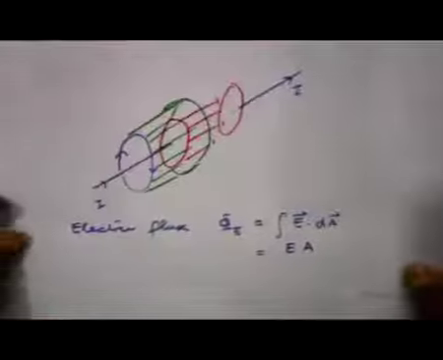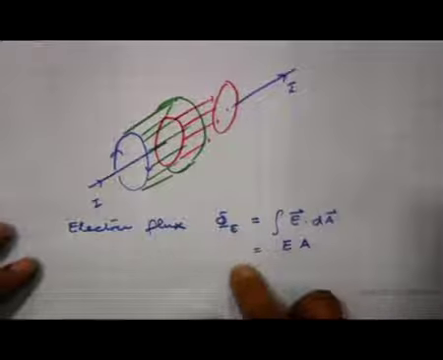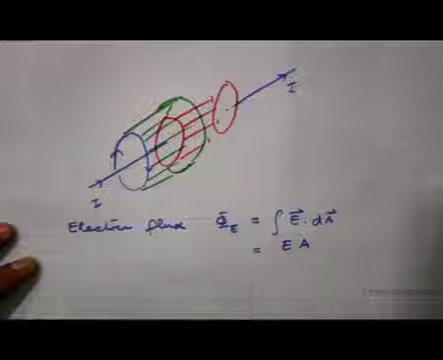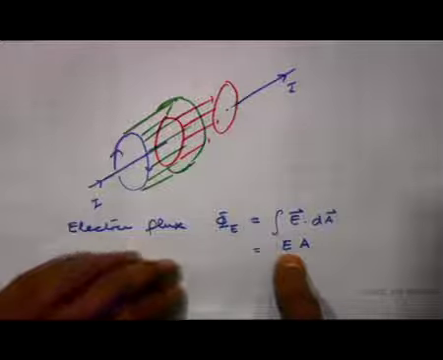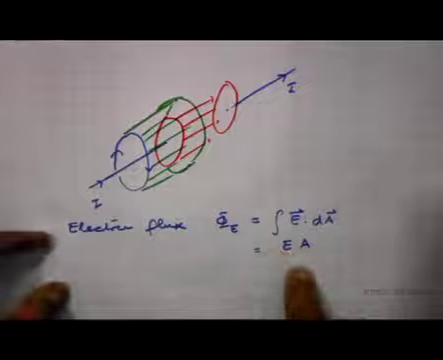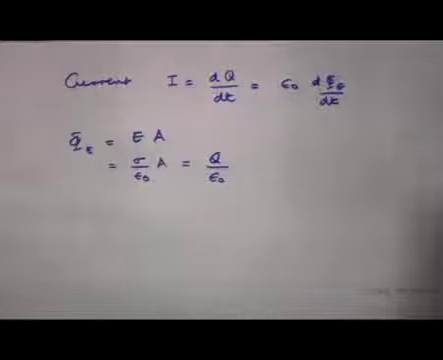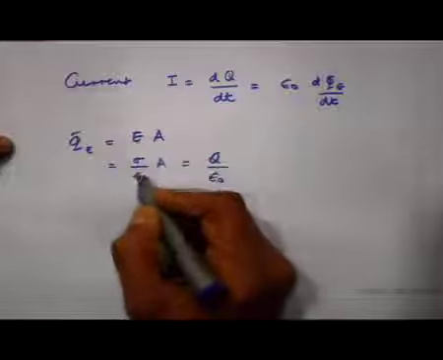So, the electric flux is given by phi E is equal to integral E dot dA, and the flux is simply given by E times A, because electric field is uniform, and A is the area of the plates. The electric field is given by sigma by epsilon 0.